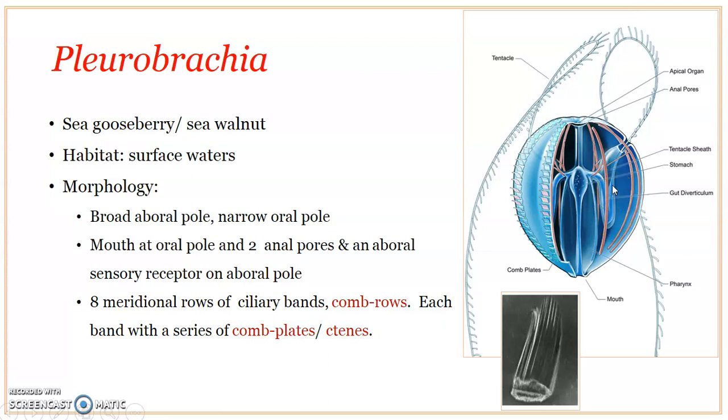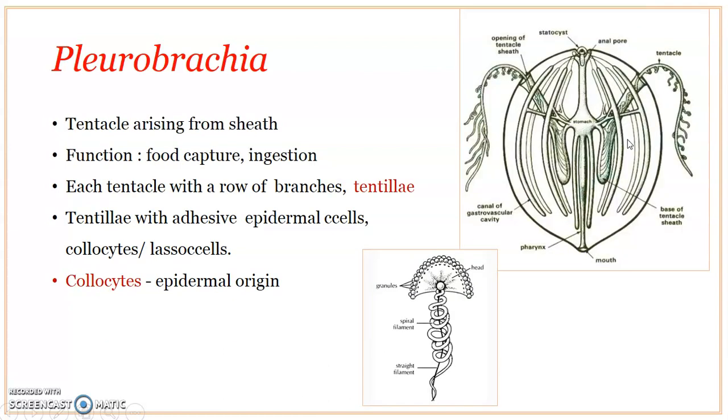So there is a pair of tentacular sheaths, one on either side, and from each tentacular sheath arises a very long extensile tentacle. You can see here a very long extensile tentacle emerging from the tentacular sheath. By the muscular activity of these tentacles, they can be fully extended out of the pouches, otherwise they can even be retracted inside.